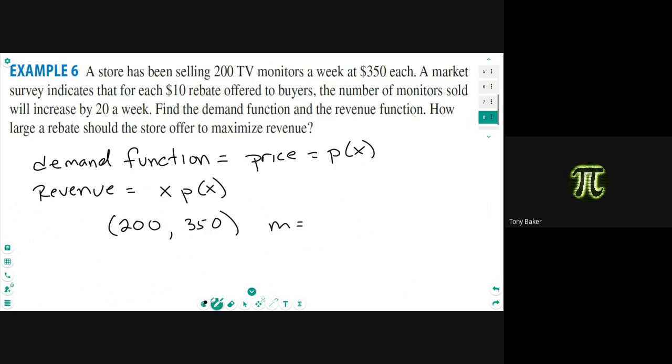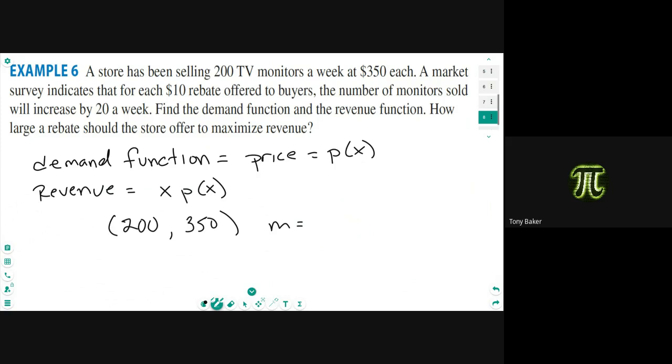So actually I think I have that backwards. I had that backwards. No, I had that right. Yeah. X is the number of TVs that are sold, and they were $350 each. If I'm selling my TVs for $350, I'm going to sell 200 of them. So X is telling me how many TVs I'm selling, and I'm coming up with my price equation based on that. That makes sense? Okay.